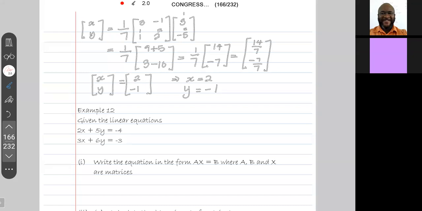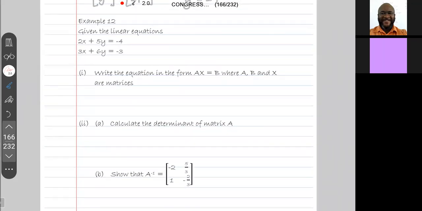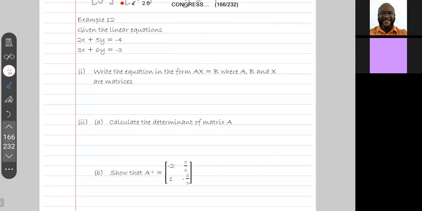All right, so the final example is example 12. And example 12 says, given the linear equations 2x plus 5y is equal to minus 4 and 3x plus 6y is equal to minus 3, we're to write the equations in the form AX is equal to B, where A, B, and X are matrices.